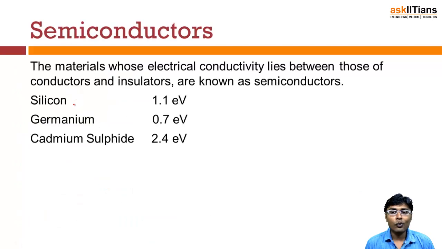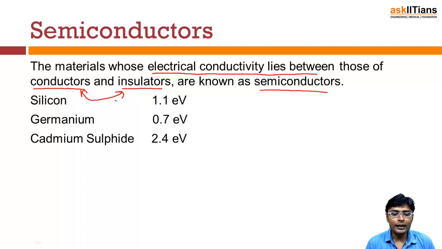So what are semiconductors? Normally we have three types of materials: either they are conductors, insulators, or semiconductors. Semiconductors are the materials whose electrical conductivity lies in between conductors and insulators.